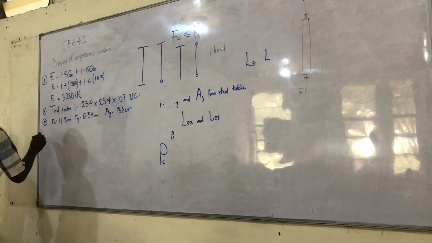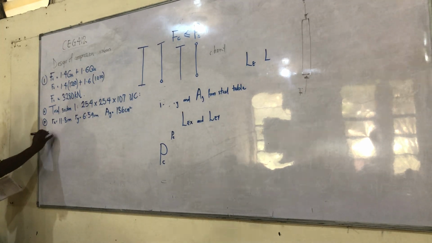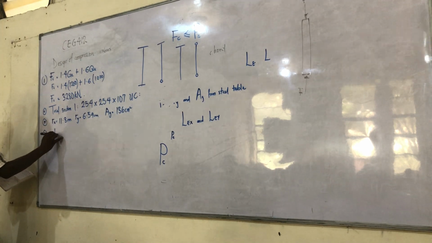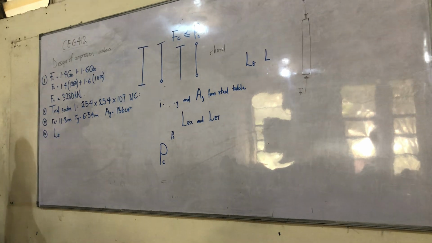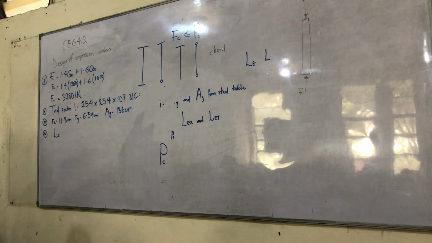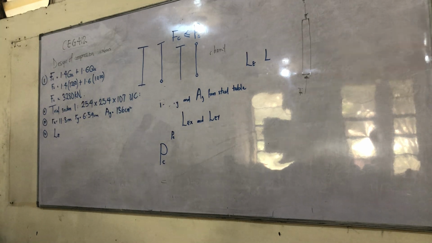So step 4, our effective length, LE. Now, in this case, both LEX and LEY are the same thing, right? Because you have only one length. Are you with me? In your step 4, it says you should find effective length, LEX and what? LEY. But in this question, you have just one length. So your LEX, your LEY is the same thing as LE.